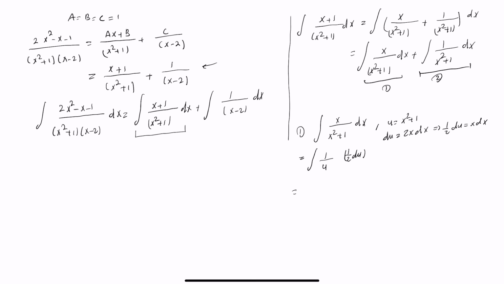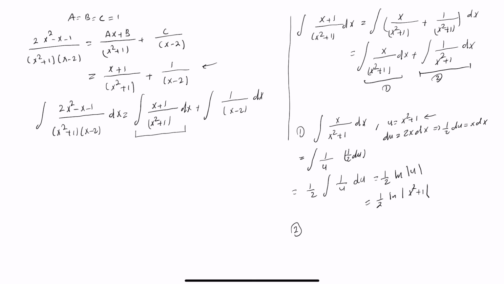So it's going to be 1 over 2, and then the integral of 1 over u du. Now that's going to be equal to 1 over 2 natural log of the absolute value of u. Now, let's back substitute the function of u, which is x squared plus 1. Therefore, this integral is going to be equal to half natural log of the absolute value of x squared plus 1.